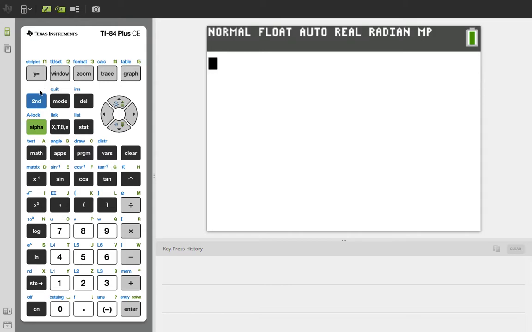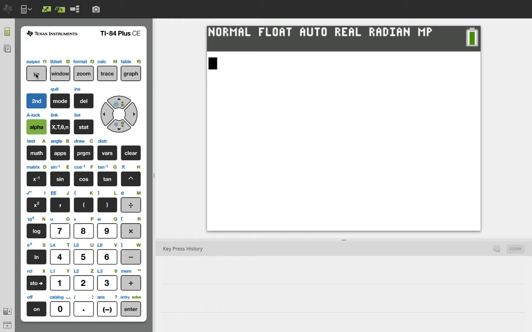We have the buttons themselves that have something written on them, like this one says second. Then we have things written in blue above the keys. This one says quit above mode. And then we have something for some of the keys written in green. Now, if you just press the button, what you're going to get is what's on the button.